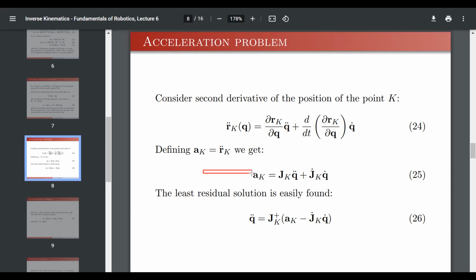Do you understand how we got from here to here?